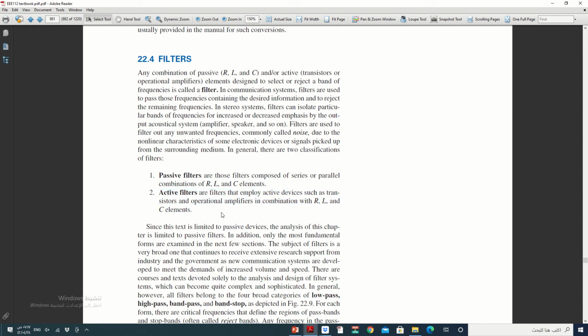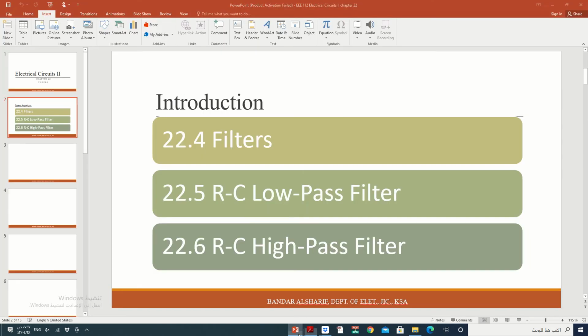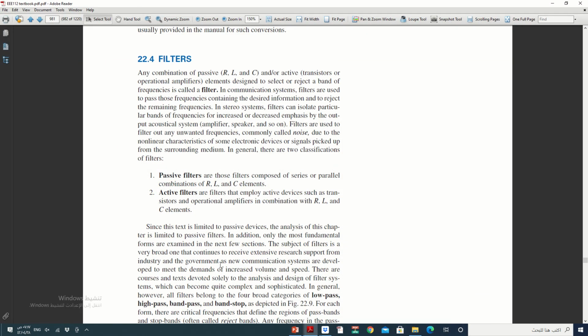But in this book we will concentrate on passive filters. There are four types, but we will study, as mentioned here, the RC low pass filter and the RC high pass filter.